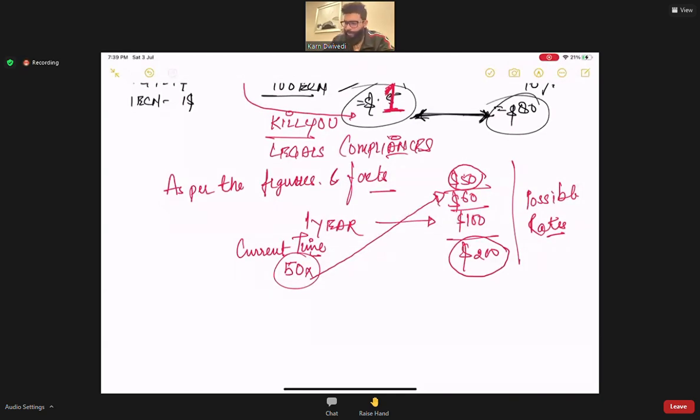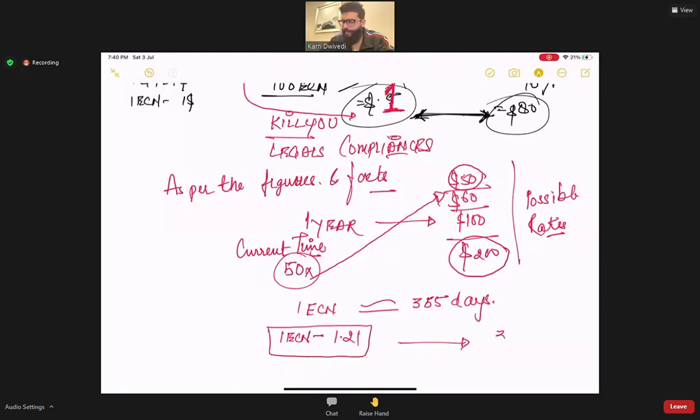So you need to look at ECN and design yourself the price after 365 days. Look at the price of 1 ECN you hold in your wallet today, which is 1.21. Imagine yourself the price after 365 days and take your decision.